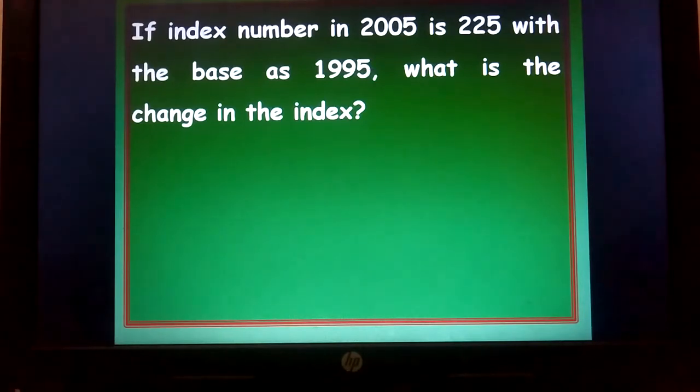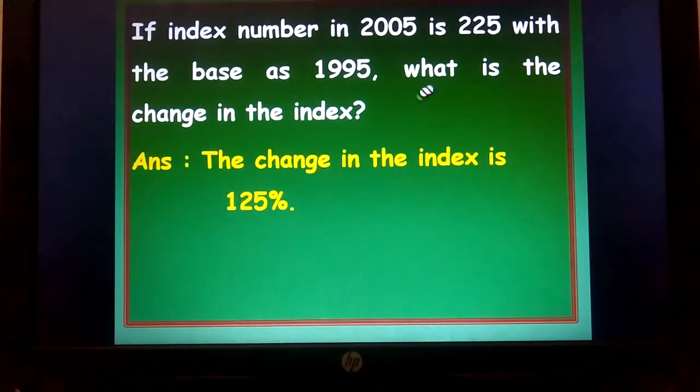Am I correct? So 225 minus 100 will give you 125. So the change in the index is 125%.